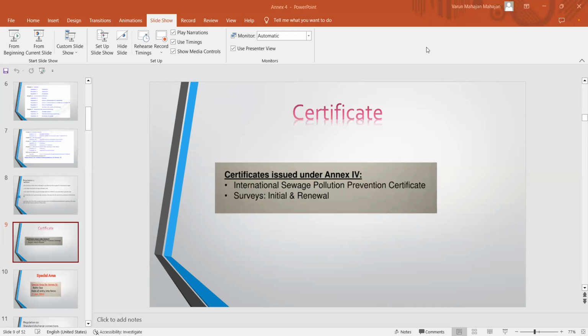Sir, one doubt. Is special area for all annexes or only 1, 4, and 6? Special area is for all annexes. Sir, you told that for STP the only special area is Baltic Sea. Yes, only some annexes have them. How many annexes do we have? 6. Then in the second and third, is there any special area?